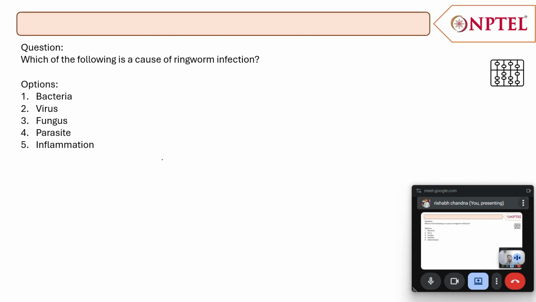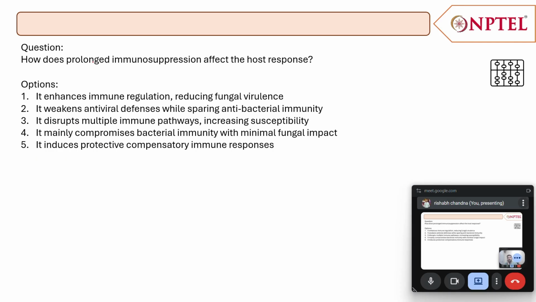So, it is caused by a parasite infection. Okay, so the correct, sorry, a fungal infection. Ringworm is a fungal infection, not a parasite infection. So, it is caused by fungus. Okay, so the correct answer is option number three. Let's move on to the next question.